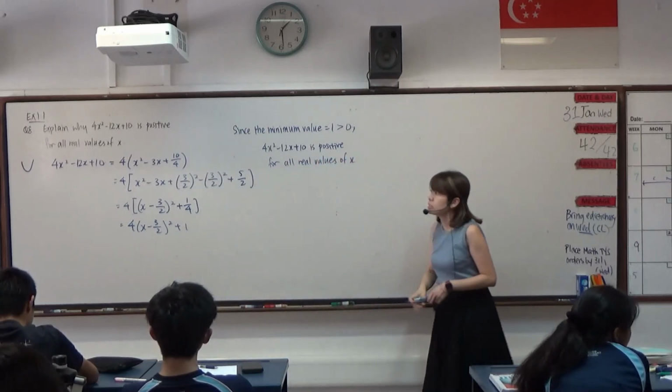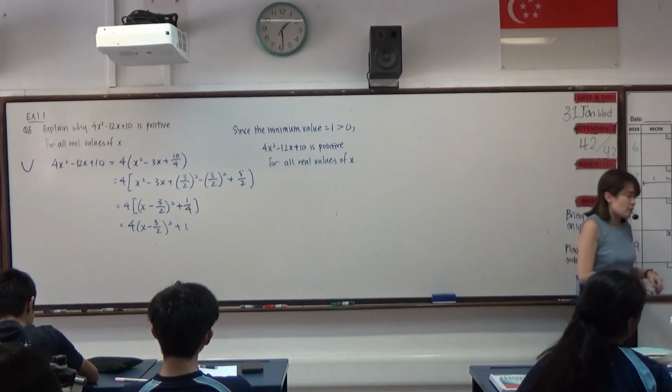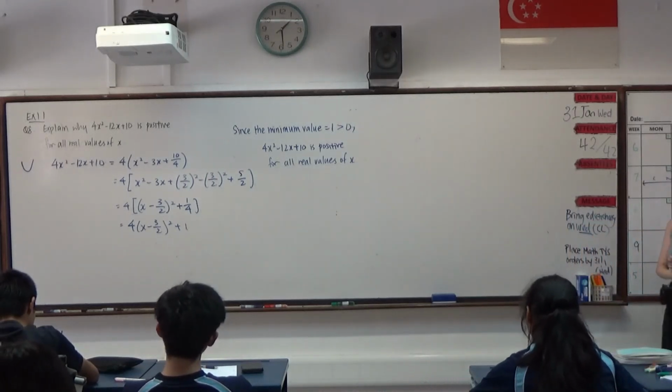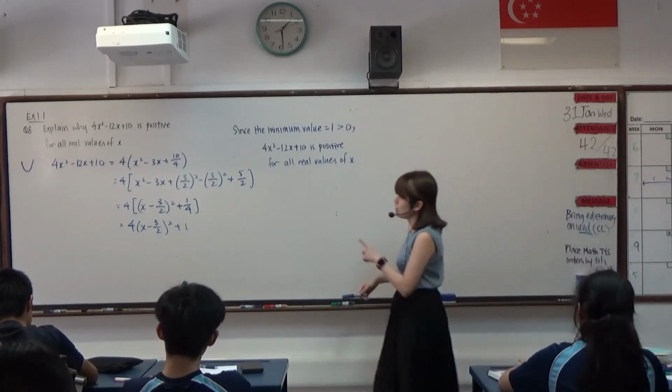This is based on what we learned in chapter 1.1, where we use the minimum value to justify that it is a positive function.